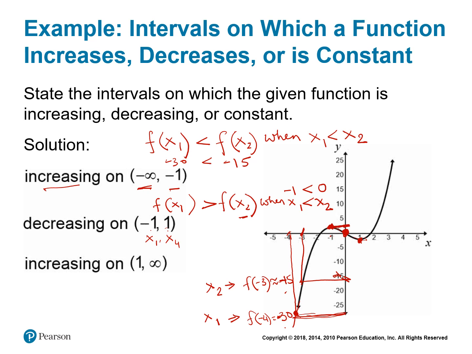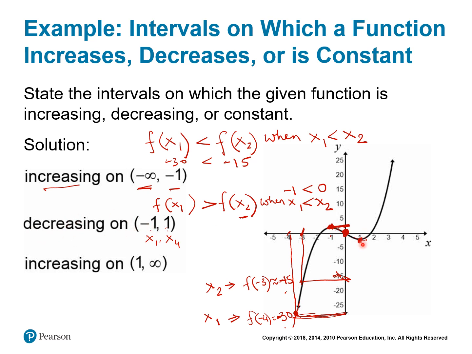But the point is that these are x values. It's not that negative 1 is x and positive 1 is y. I just want to make that clear. These are the interval of x values between which the function is decreasing.